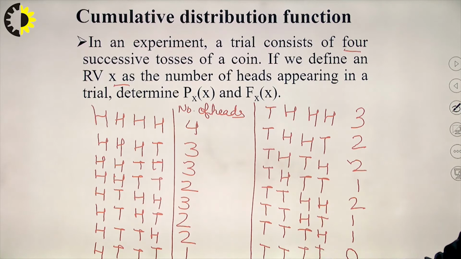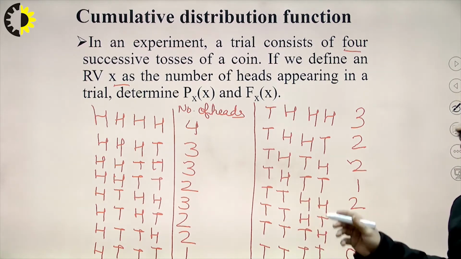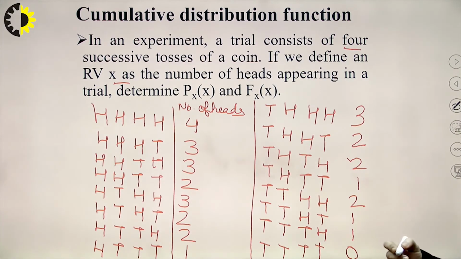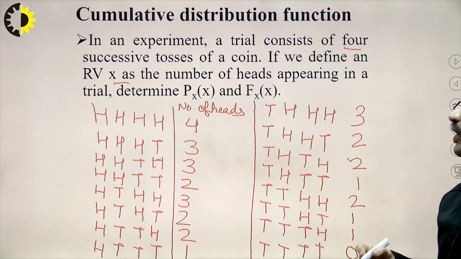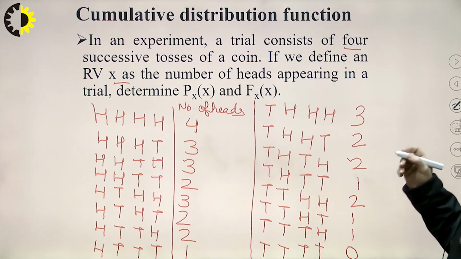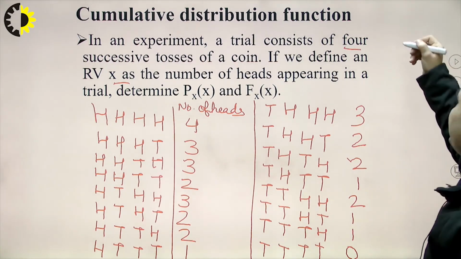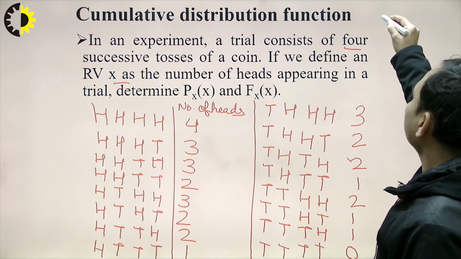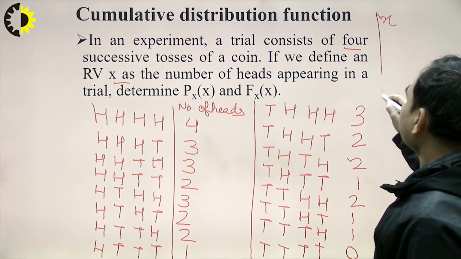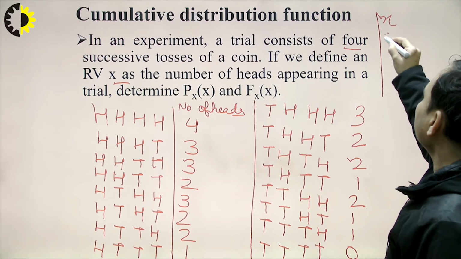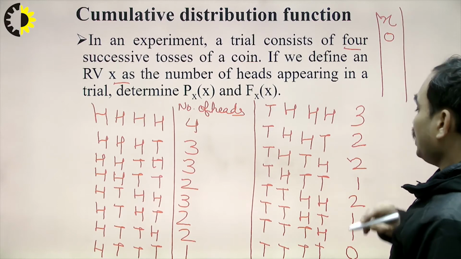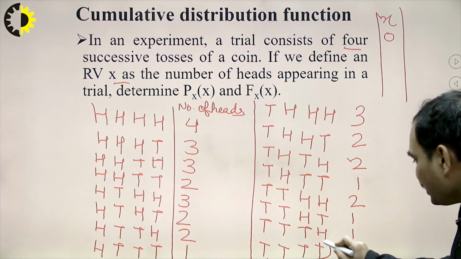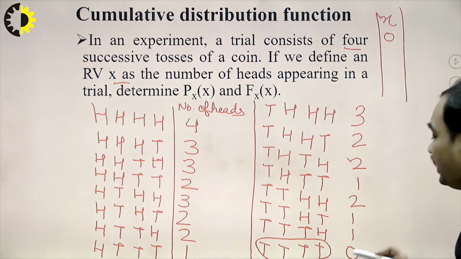So we have counted the number of heads for all the 16 possible outcomes. Now we can count for x equals 0, for different values of the random variable x. For x equals 0, how many possible outcomes are there? Only one possible outcome, because it doesn't have any head.